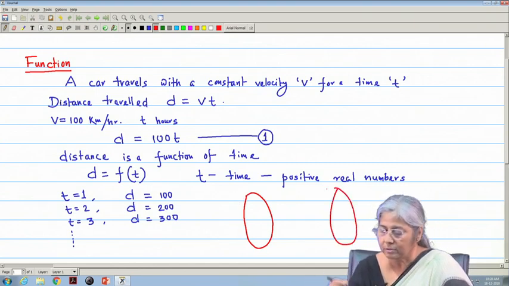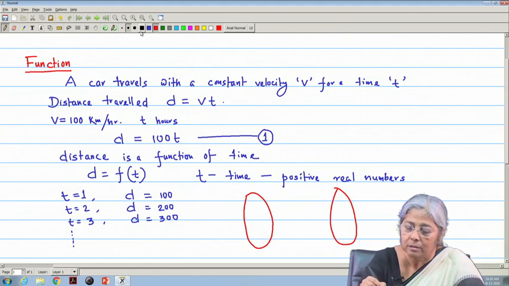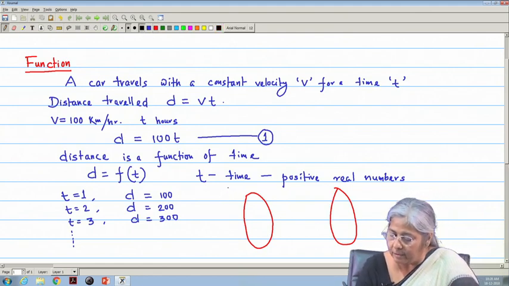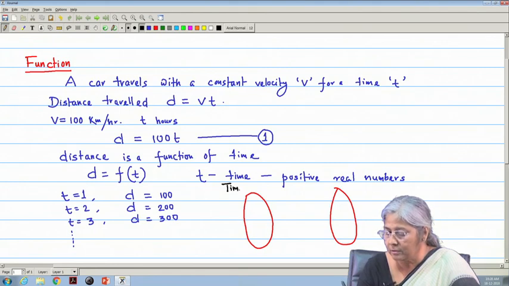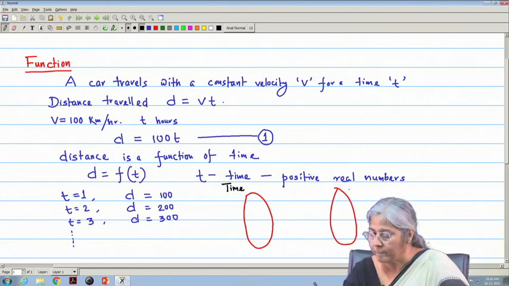So, we can write now, if I draw in this way, that this is my time, as if I am denoting the time here, and this is my distance.